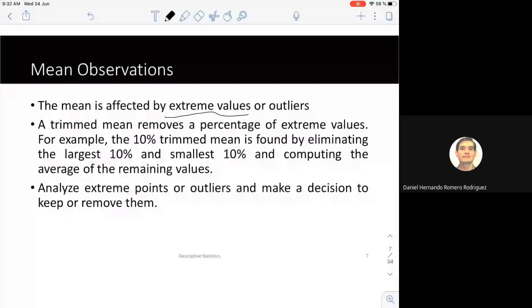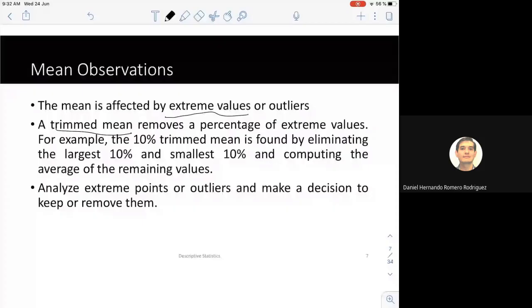Since we know that the mean is affected by extreme values, one possibility is to trim some of the observations. We can compute the trim mean. If we do that, then we are avoiding the influence of those extreme values.